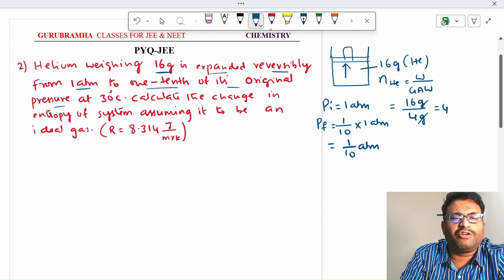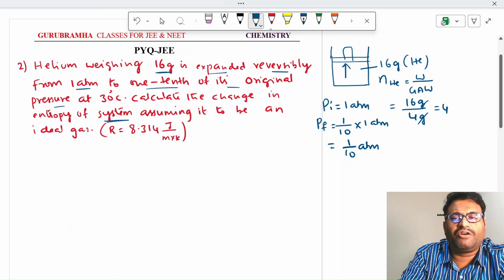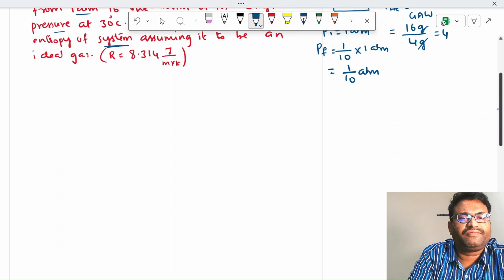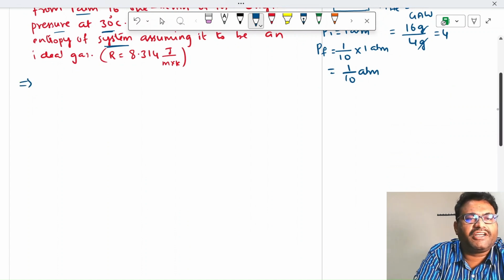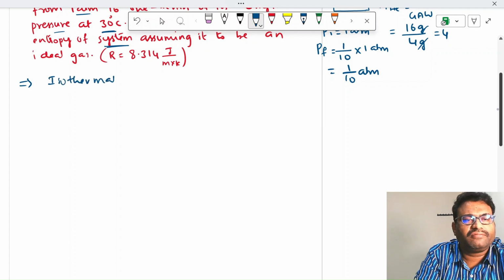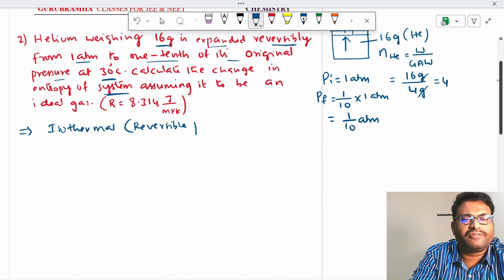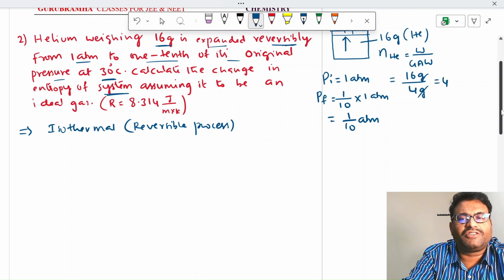The question asked is what is the change in the entropy of the system? Again, the process is happening at a constant temperature of 30 degrees centigrade. So it is isothermal. And already in the question it is given that it is a reversible process. So isothermal reversible process.